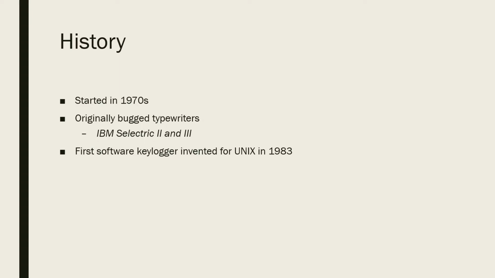The U.S. was first notified about the keyloggers by the French, who had found similar ones in some of their typewriters, and then it really came to light once the Americans found it. The first software keylogger was invented for the Unix operating system in 1983 by Perry Kerfoloferitz.